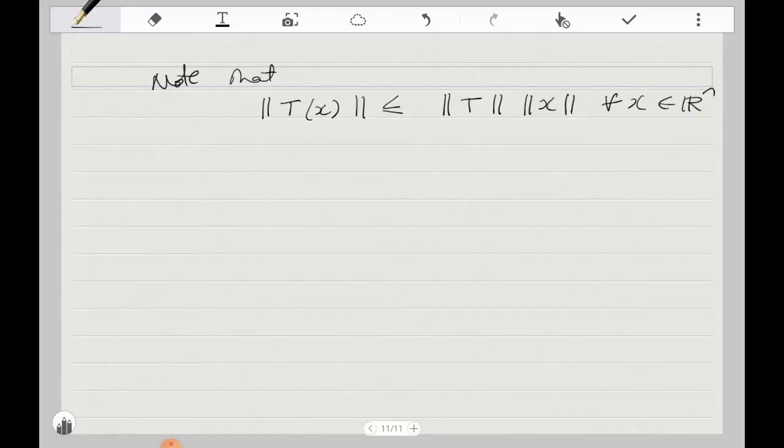Of course, this norm T is what we just defined, the sup and so on. And this follows immediately from the definition, because after all, what is norm T? Norm T is the sup of norm Tx where norm x is less than or equal to 1.